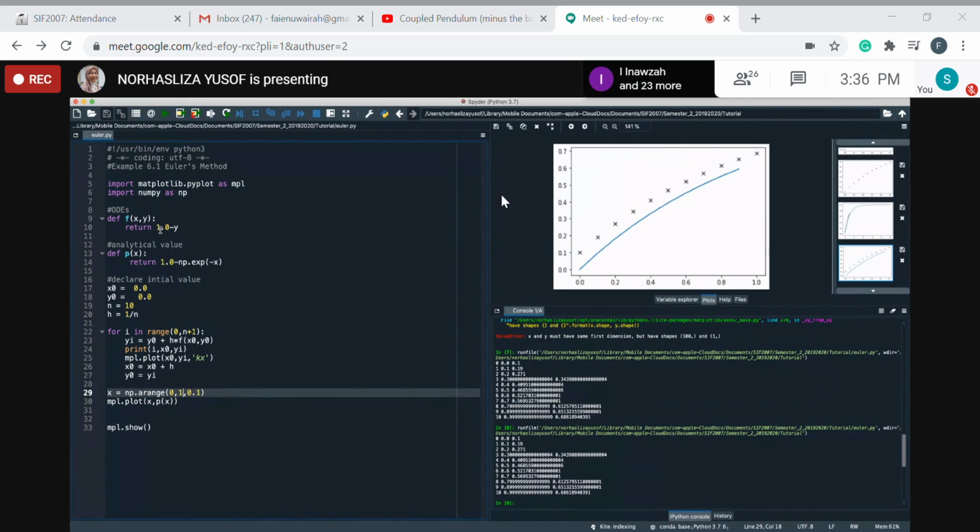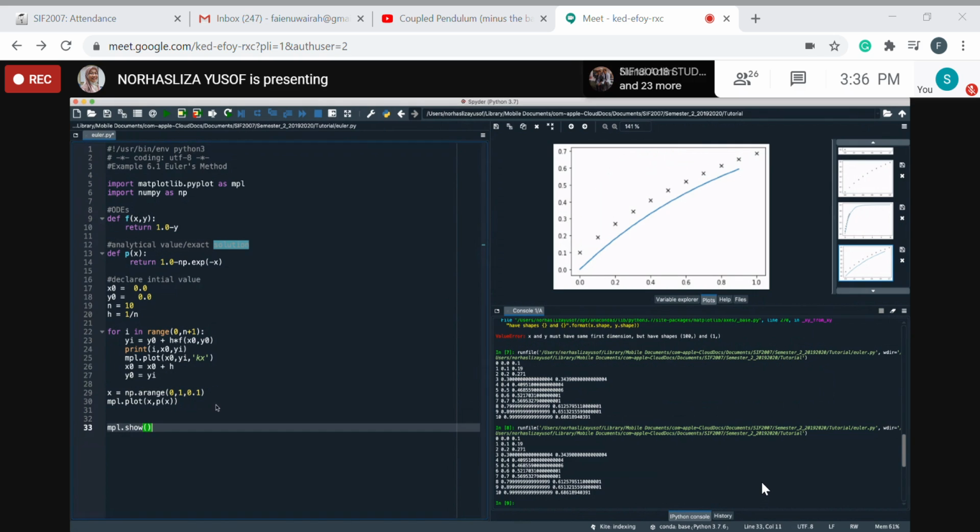If you still remember, we have to evaluate the exact solution, or what we call the exact solution. And this is the value that we calculate from the Euler method. Hold on, someone is coming in.